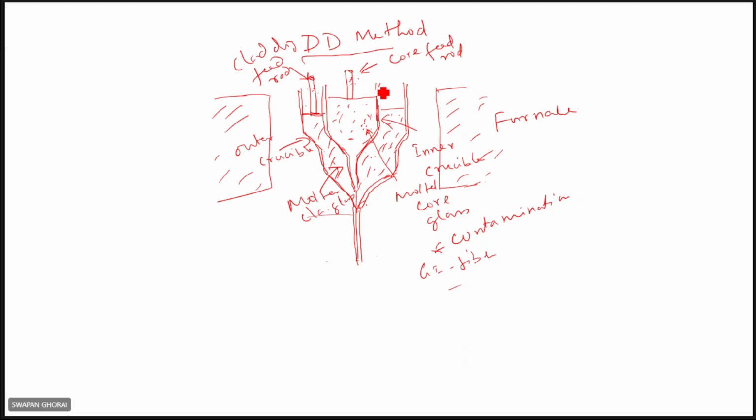These rods are made from a mixture of powders. These rods are used as the feedstock materials, and a high temperature furnace is here. The double crucibles are placed in the high temperature furnace so that they melt.